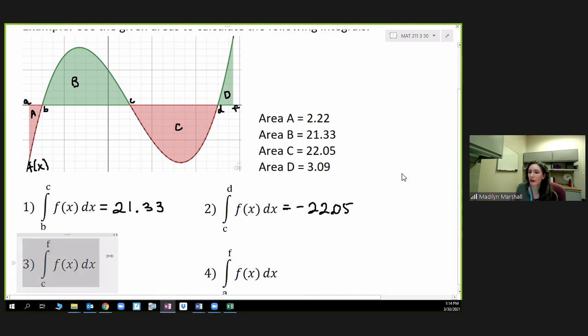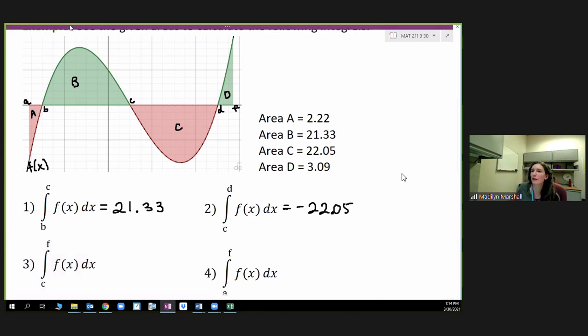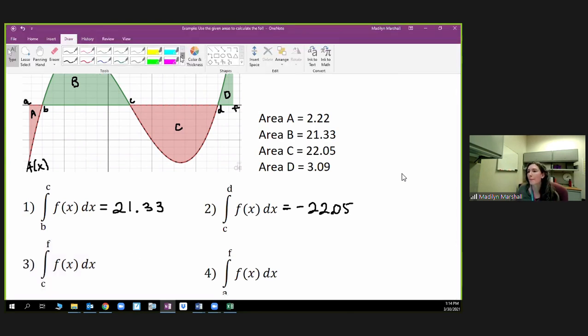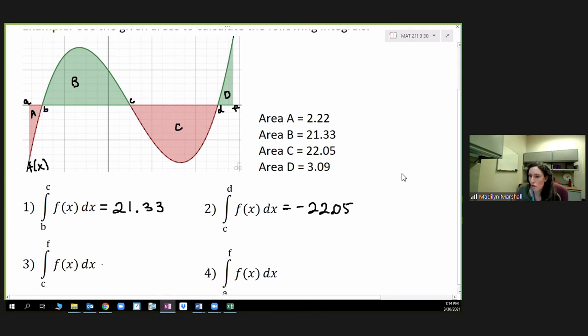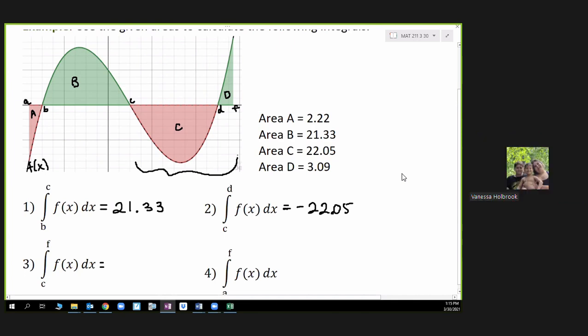Number 3, we are integrating from c to f now. So now we have this whole part. So now there are 2 sections that we need to pay attention to. So would it be a negative 22.05 plus 3.09?